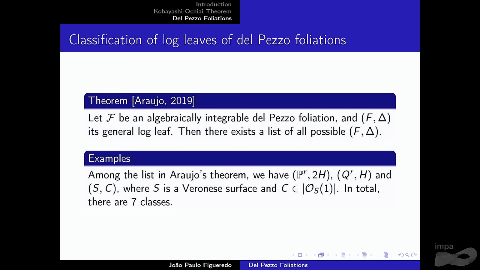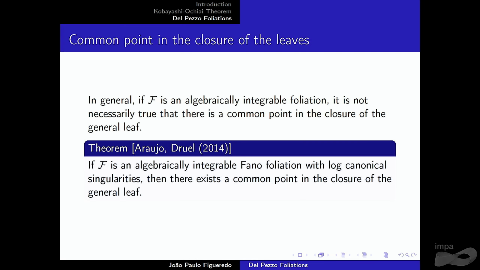So it's the image of the Veronese map from P2 of degree 2. And C is an element here of degree 1. And in total, there are 7 classes. Okay?